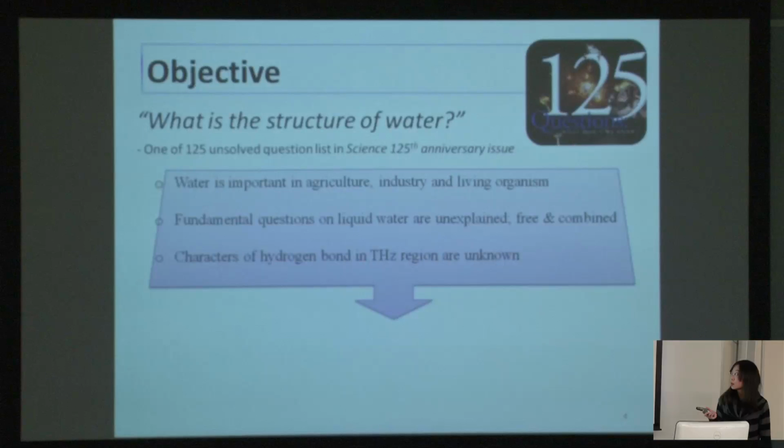Still, many fundamental questions on liquid water are unexplained, such as free water and combined water, how many free oxygen and hydrogen-oxygen bonds will connect with neighbors, and what the effect of temperature on water structure is. Because water has very strong absorbance in the terahertz region, the characters of the hydrogen bond in the terahertz region are still unknown.